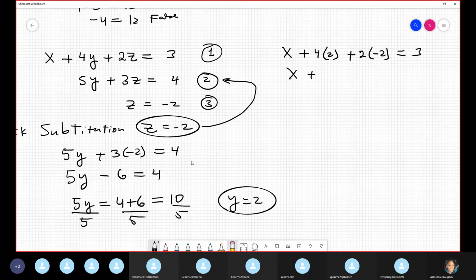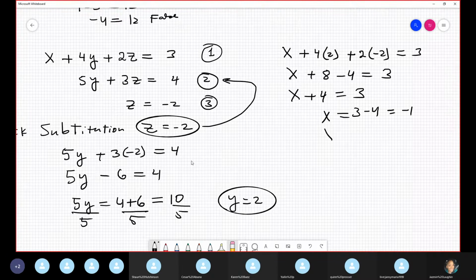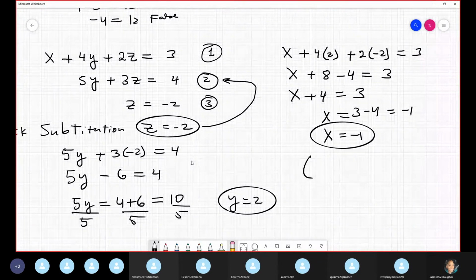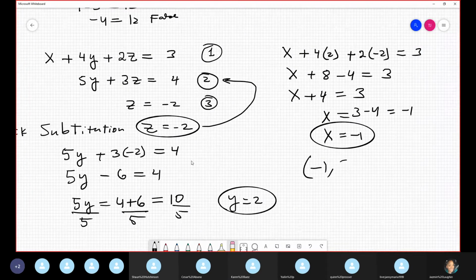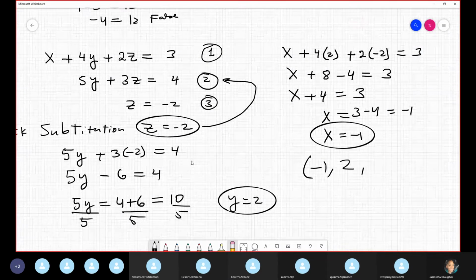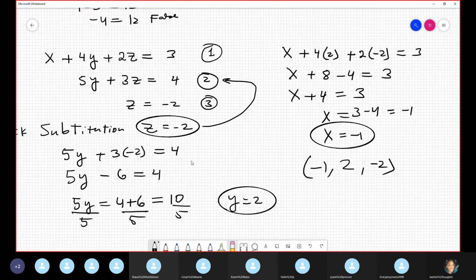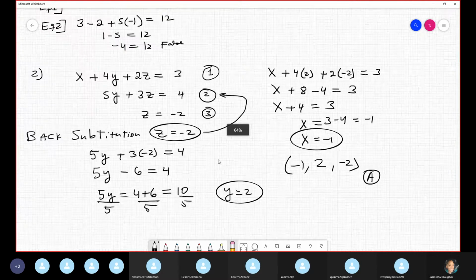Entonces this is 8, this is -4, x is equal 3 minus 4, que es -1. Now the solution is the triple order, -1, 2, que es the y value, z, que es -2. Okay, this is the answer, que es the option A in our handout.